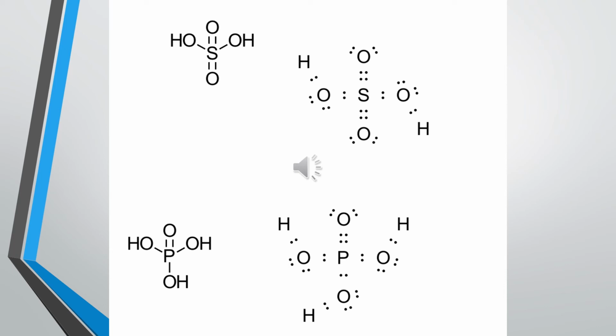Now, the d orbitals for these elements in the third row are empty. They don't fill until you hit the first transition series in the fourth row of the periodic table, with scandium as the first transition element. However, the d orbitals are there. They are available. And so what these elements can do in the third row and below is they can use their d orbitals to make more bonds than an 8 electron count.